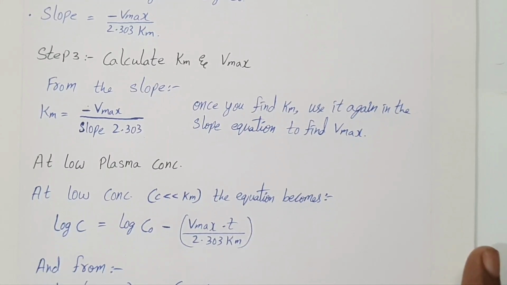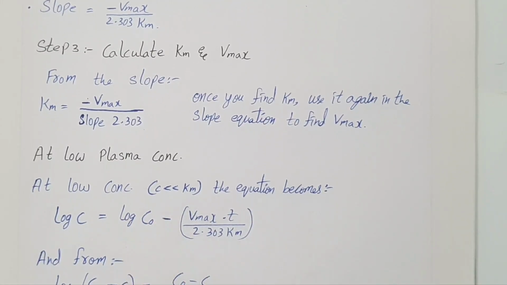Now here is the bonus point. At low plasma concentration, at very low levels of drug concentration compared to Km, the drug concentration is very less. So we can simplify the equation even more, which becomes log C equals log C0 minus Vmax t divided by 2.303.